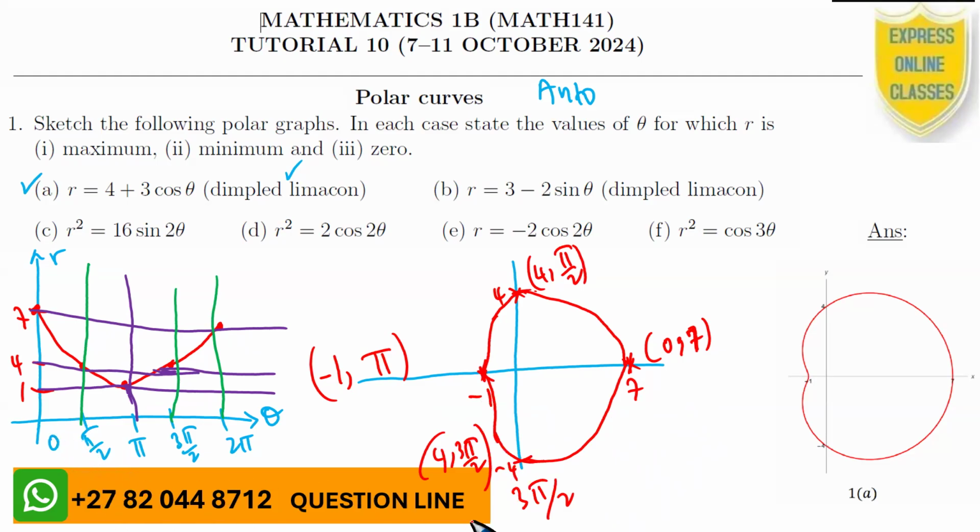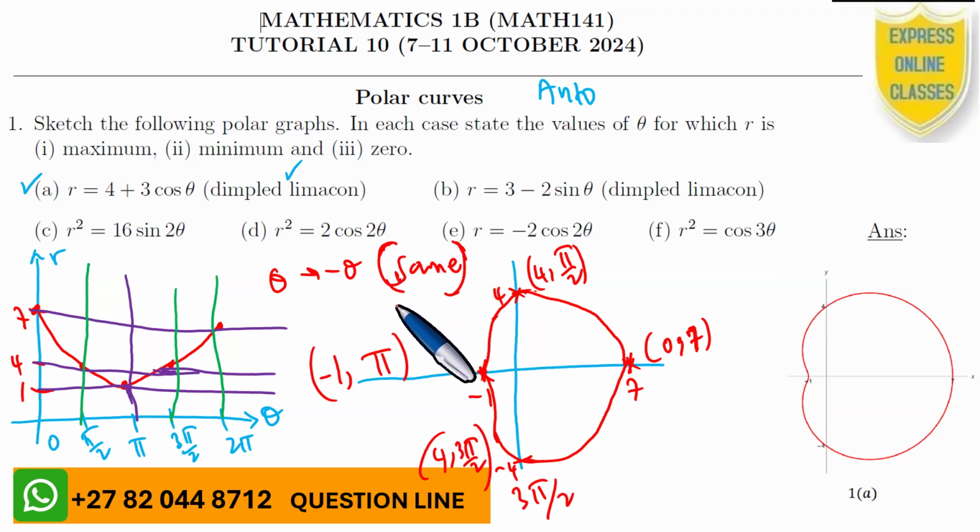What more can we see about this graph? If we replace theta by minus theta, the graph is the same.